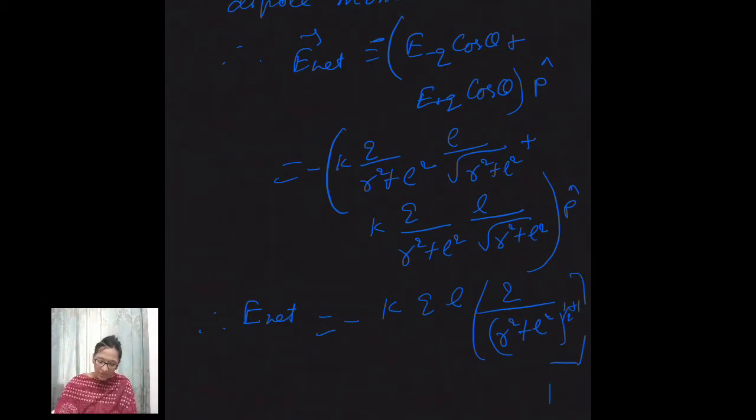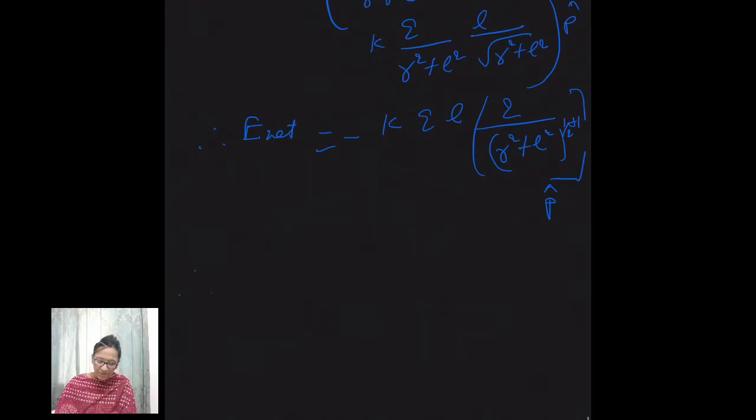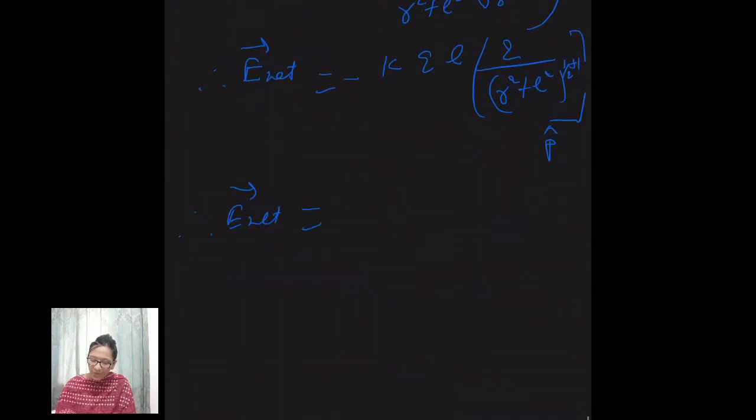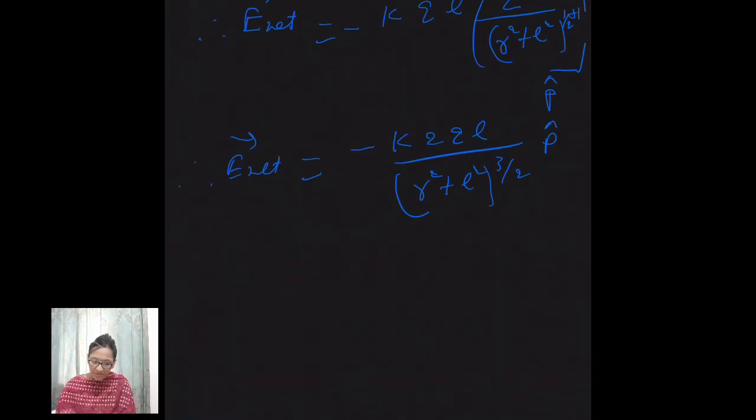Now therefore the electric field net, let me write in vector notation, is equal to minus K 2QL divided by R square plus L square whole power 3 by 2 along minus of the dipole moment vector, and this becomes equal to minus K, and this is your P, divided by R square plus L square whole power 3 by 2 P cap.